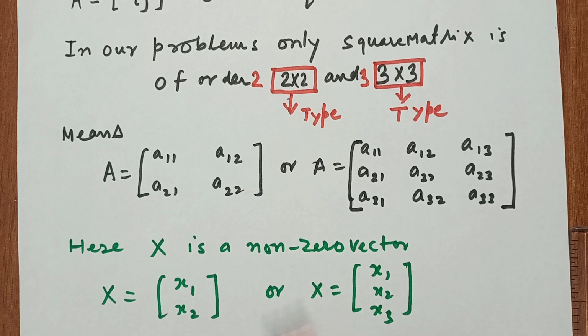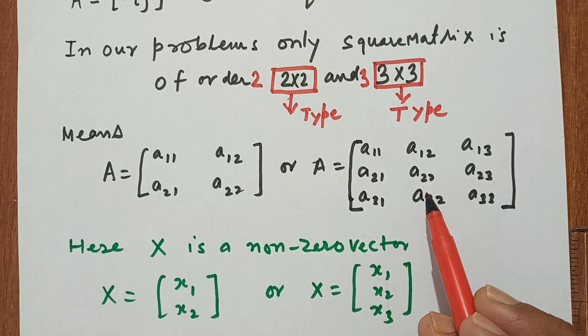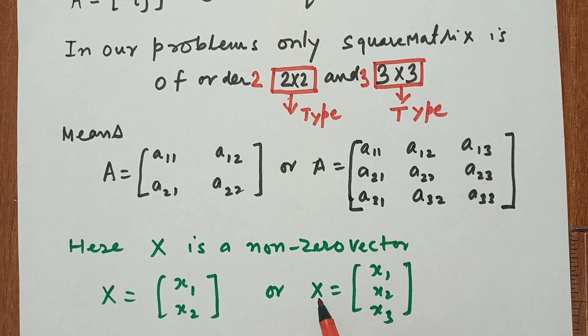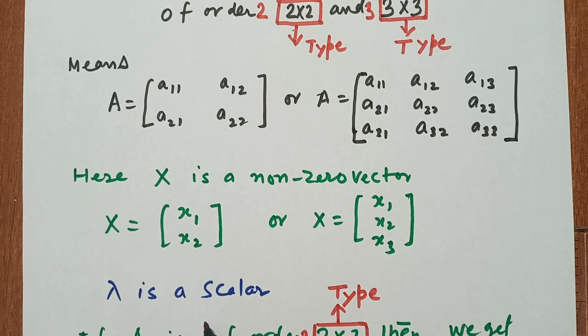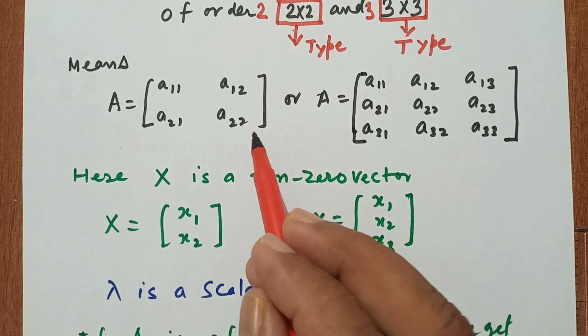If A is of order 3, then x is equal to x1, x2, x3. Now lambda is a scalar, lambda belongs to F. So lambda is a scalar, x is a non-zero vector, A is a square matrix.